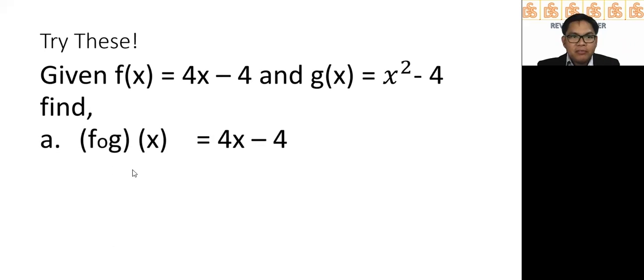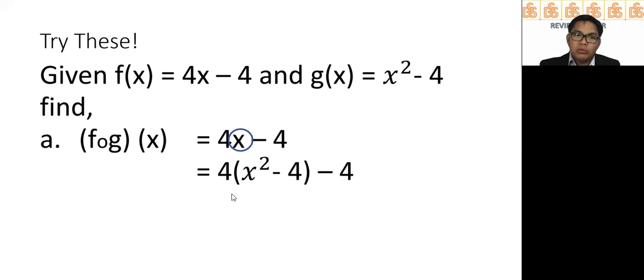Note, if this is x, no specific value, we write first the function that is written first in the given. So in that case, f is written first, so we write the function of f, which is 4x minus 4. And then we replace x by the value of g.